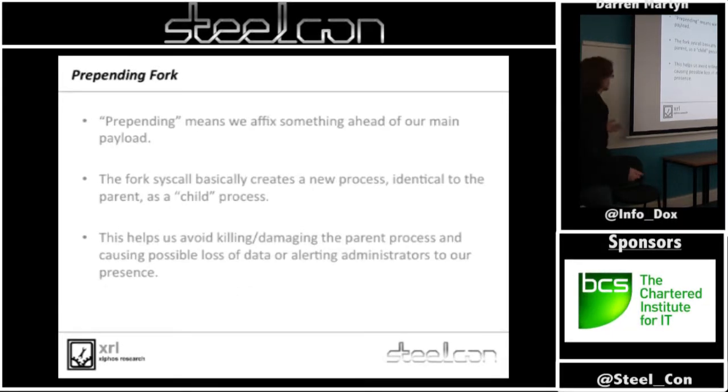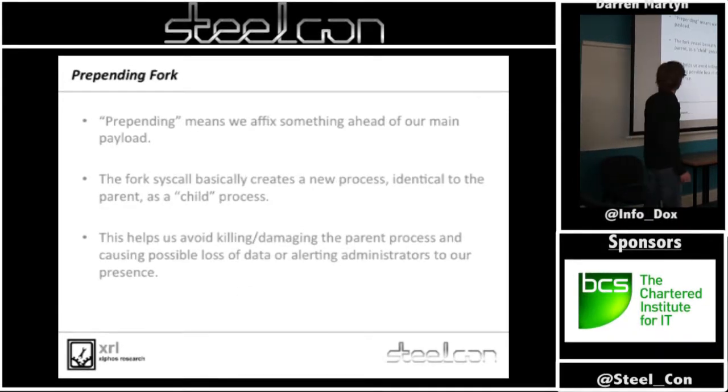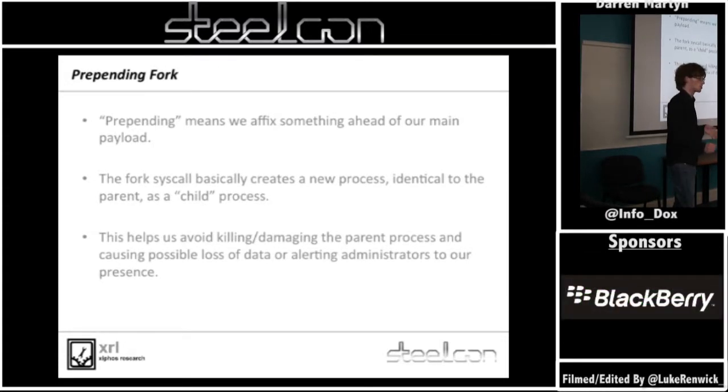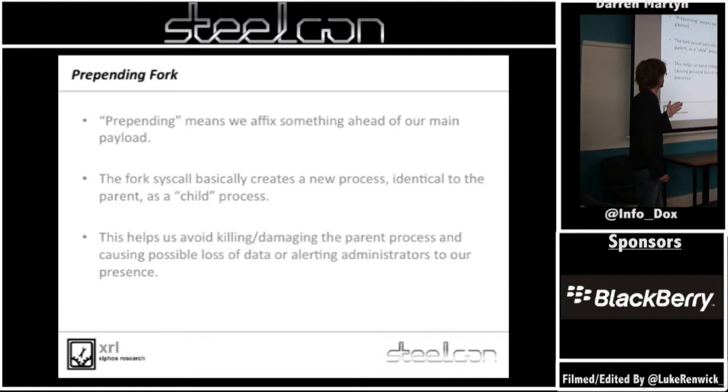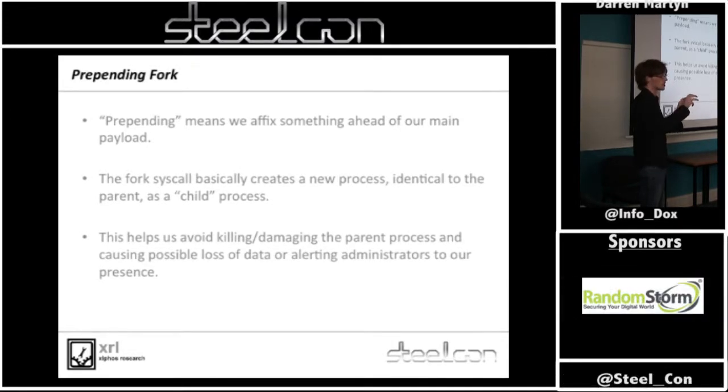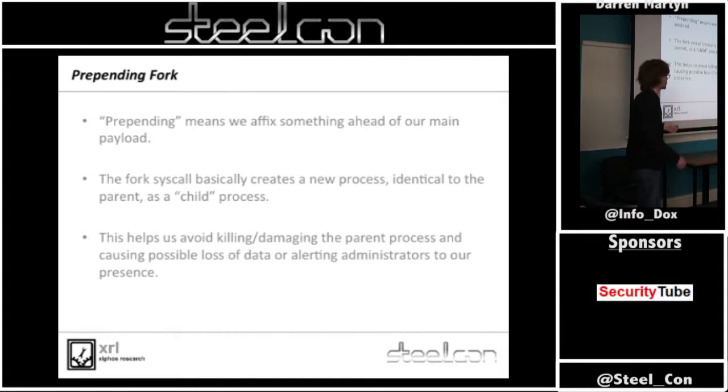For anyone who isn't familiar with what fork does, it's not just a thing on GitHub, but it's the same concept. Prepending means we have fixed something ahead of our original payload. And the fork syscall creates a new process which is the exact same as the parent process, a child. This helps avoid messing up the parent process because we inject our shellcode into the child after forking the parent.